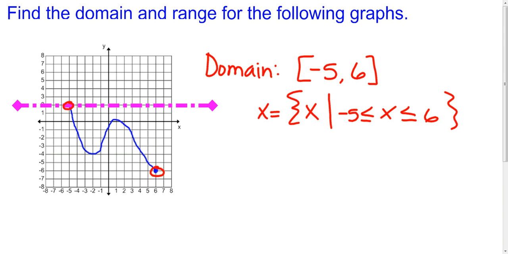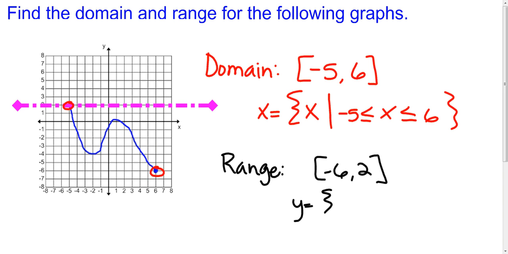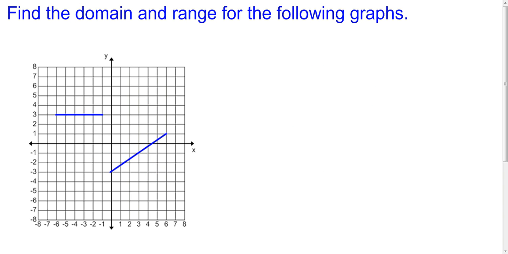So your range would look something like this: -6 to +2. Or I could go set of all y's such that your y value is greater than or equal to -6 and less than or equal to 2. Okay, that's how it goes.